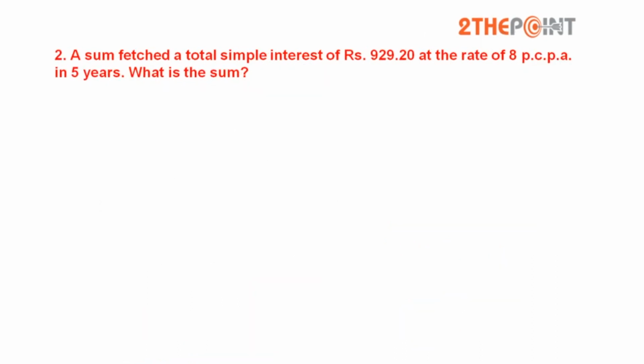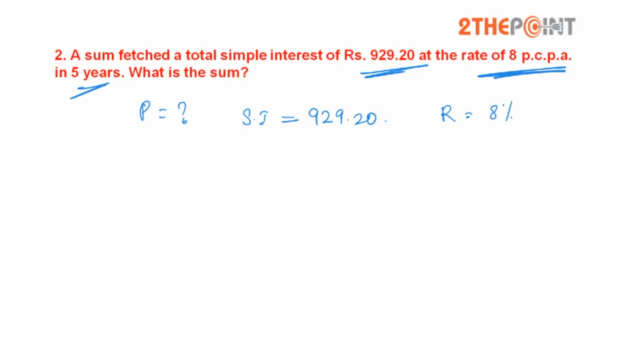A sum fetched a total simple interest of rupees 929.20 at the rate of interest of 8% per annum in 5 years. What is the sum? So here we don't know the principal and we know that simple interest is equals to 929.20 and the rate of interest is 8% per annum for time period of 5 years.